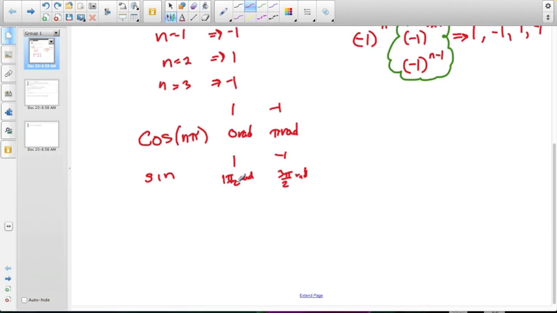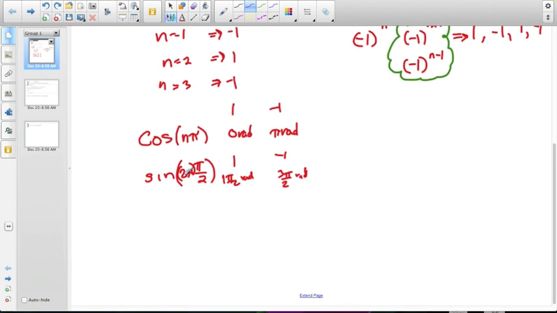And so in order to count by odd multiples of pi over 2, we're going to have a counter over here that counts by odds, and that might look something like 2n minus 1.